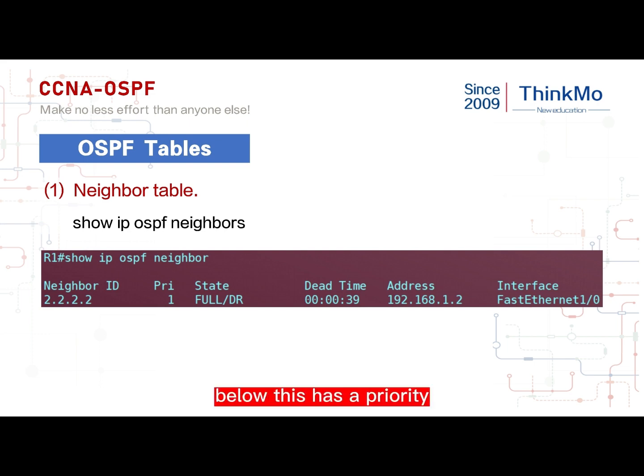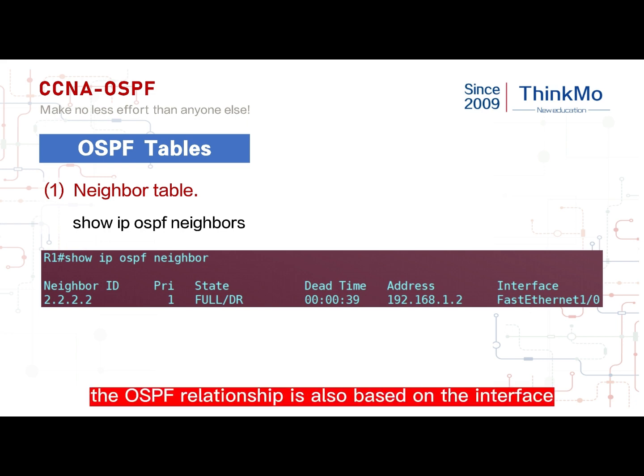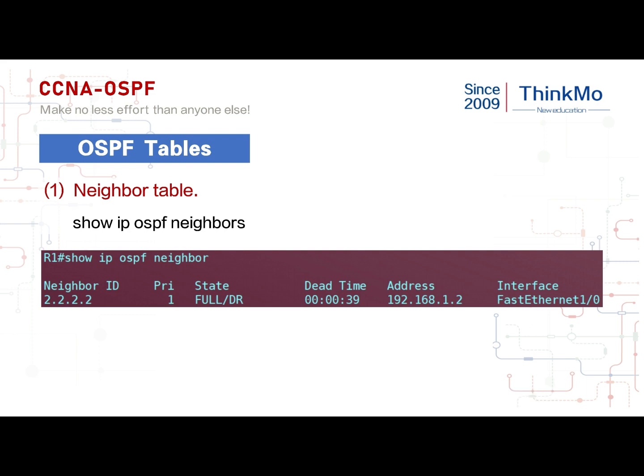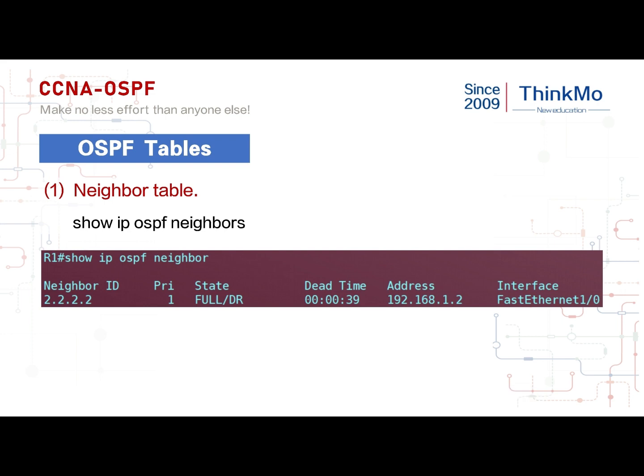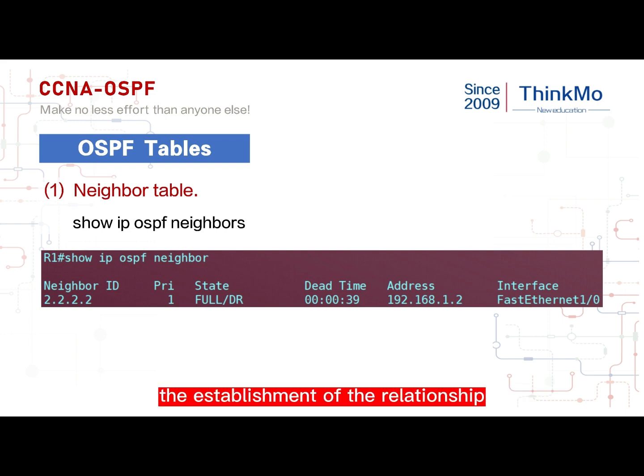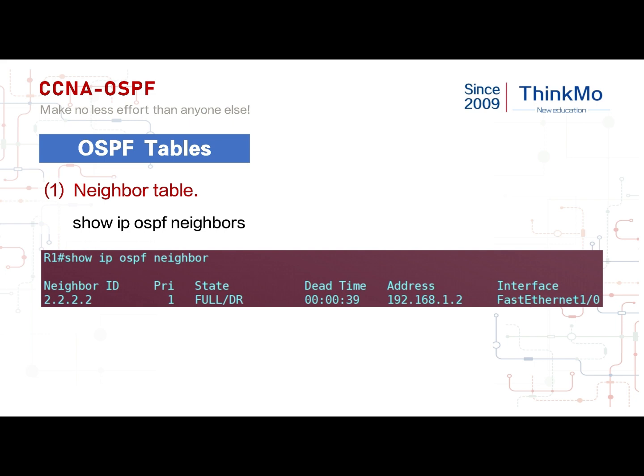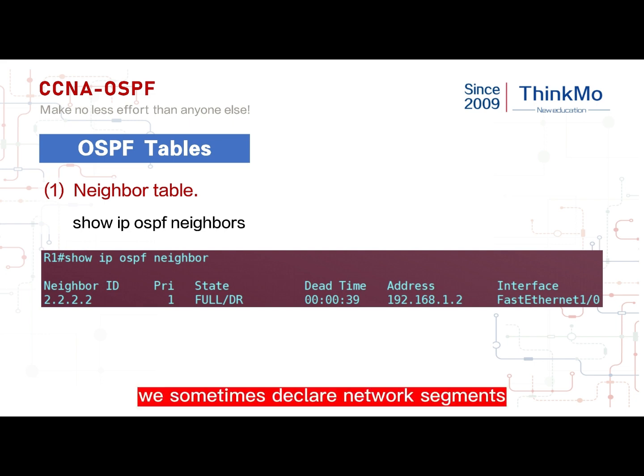Below this there is a priority. This priority refers to the interface priority. That is, now R1 and R2 establish a neighbor. The OSPF relationship is also based on the interface. You will learn later that the division of regions is also based on interfaces. The establishment of the relationship is also based on the interface. We sometimes declare network segments.